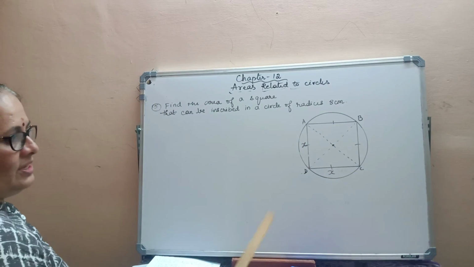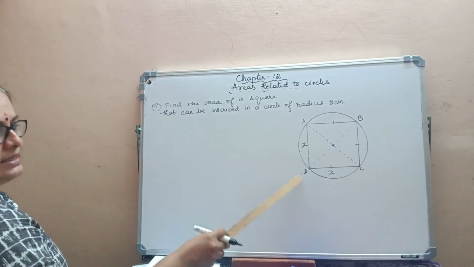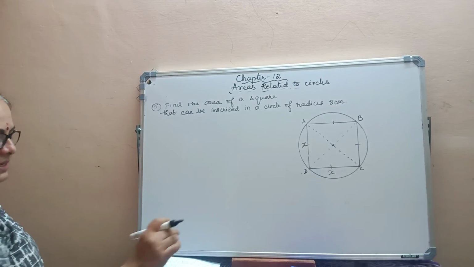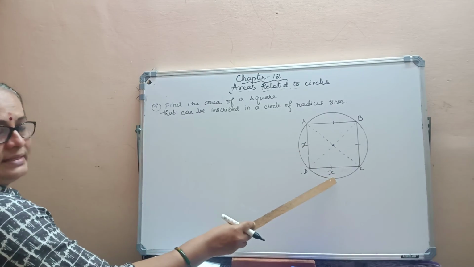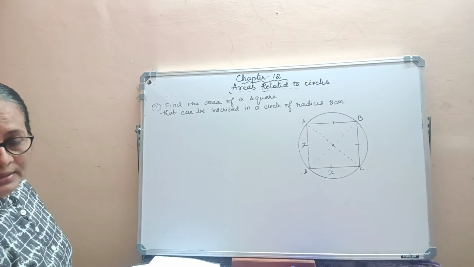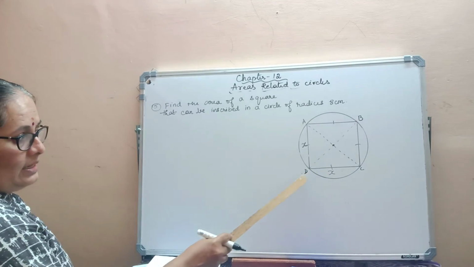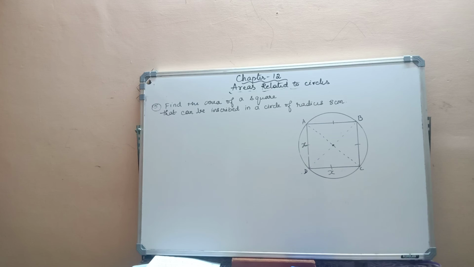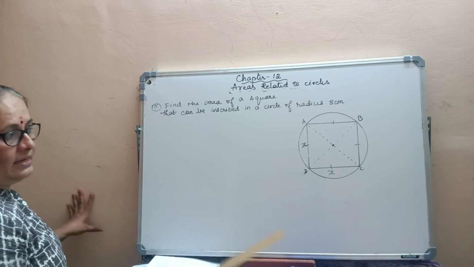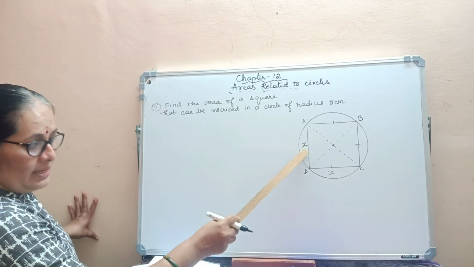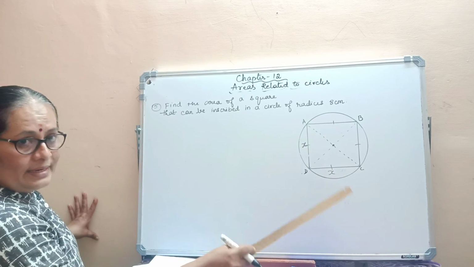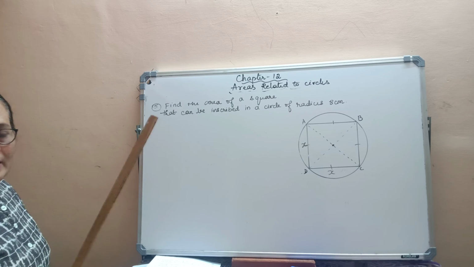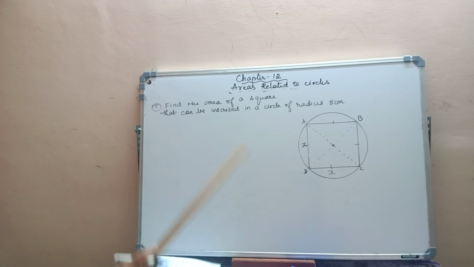AC square equals AD square plus CD square. So 16 square is 256 equals x square plus x square, which is 2x square. Therefore, x square is 256 by 2, which is 128, which is nothing but side square. Therefore, the area of a square is 128 square centimeter.